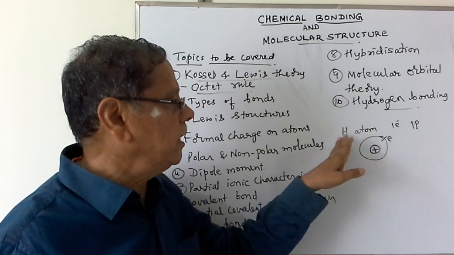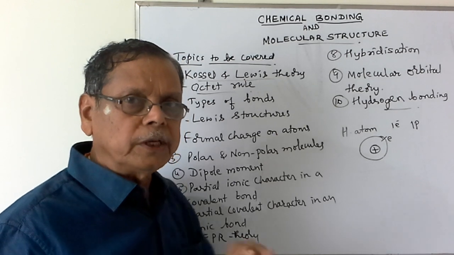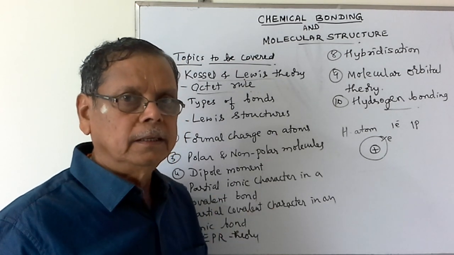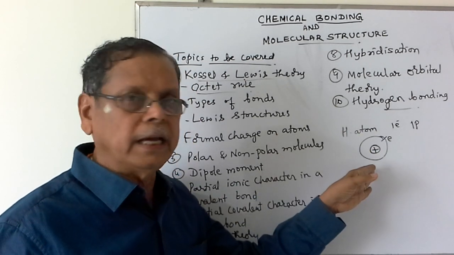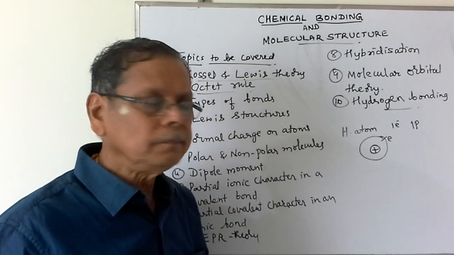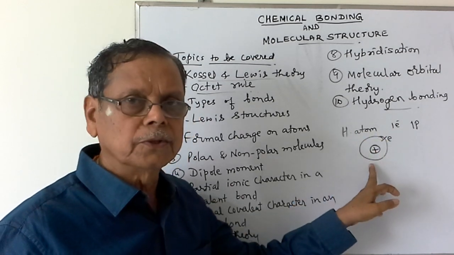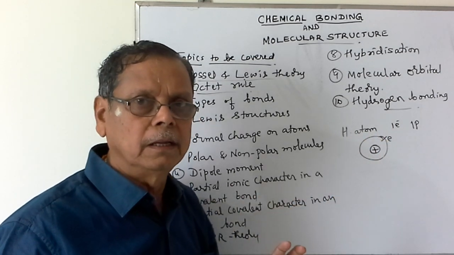That's why this hydrogen atom is highly reactive or highly unstable. So it will try to gain the duplet either by absorbing an electron from another atom or by giving out the electron. Once it takes up one more electron from the other atom, it becomes 2, so its configuration becomes stable.